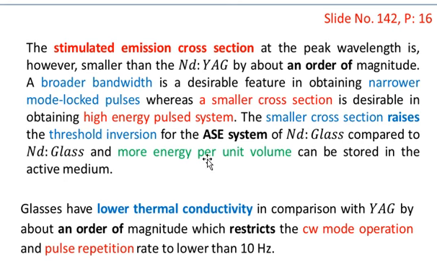So let me read again. The smaller cross-section raises the threshold inversion for the amplified spontaneous emission of the Nd glass compared to Nd-YVO4, and more energy per unit volume can be stored in the active medium of the Nd glass system.